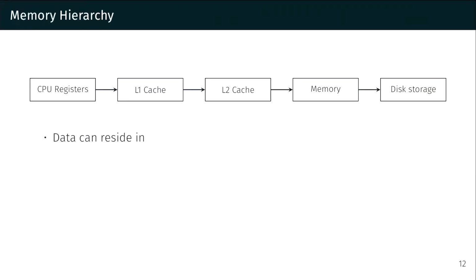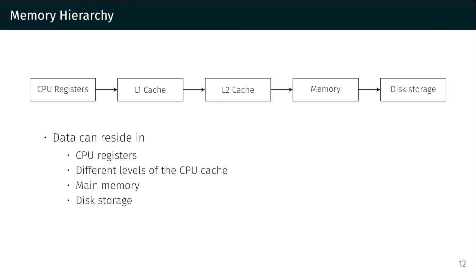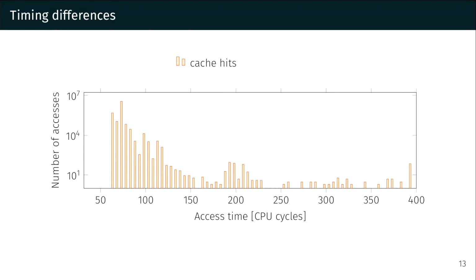You probably all know that data can either be in CPU registers, in the different levels of the cache that Clémentine showed you earlier, in the main memory, or on the disk. Depending on where the data is located, it needs a longer time to be loaded back to the CPU. And this is what we can see in this plot.